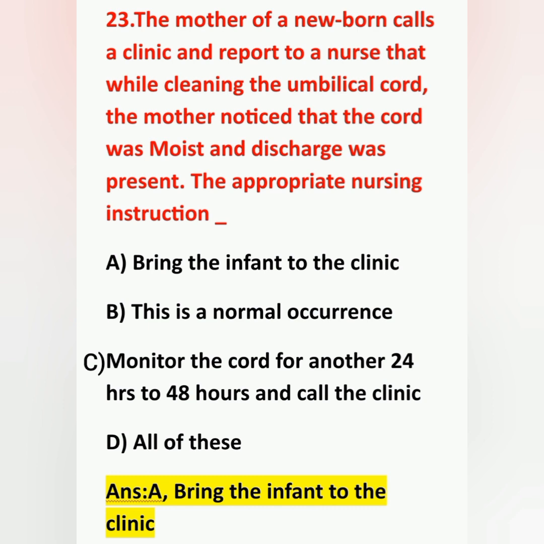She can tell her to bring the infant to the clinic. Option A is correct. The symptoms of umbilical cord infection include moistness, oozing, discharge and redness around the umbilical cord. If the symptoms of infection occur, she should immediately show it to the physician. So, the nurse should instruct her to bring the infant to the clinic. Option A is correct over here.